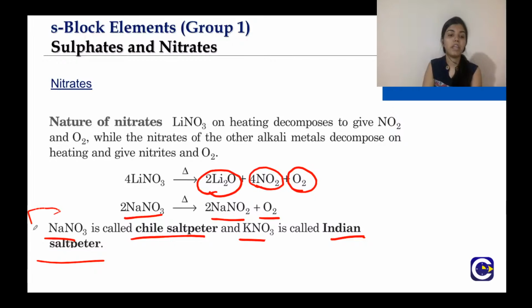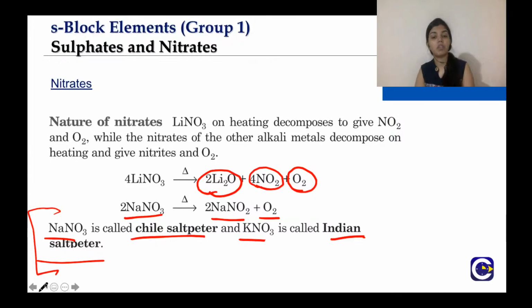These names are very important from the examination point of view. And this is the difference between lithium and sodium, that lithium gives lithium oxide while sodium nitrate gives sodium nitrite on decomposition, or basically on providing heat.